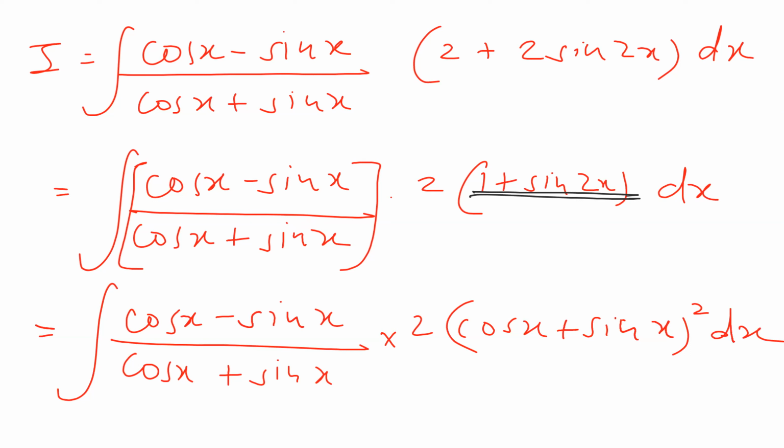Now if you just observe this entire term and this one term will get cancelled, so the square gets cancelled over here. 2 being a constant will move outside.